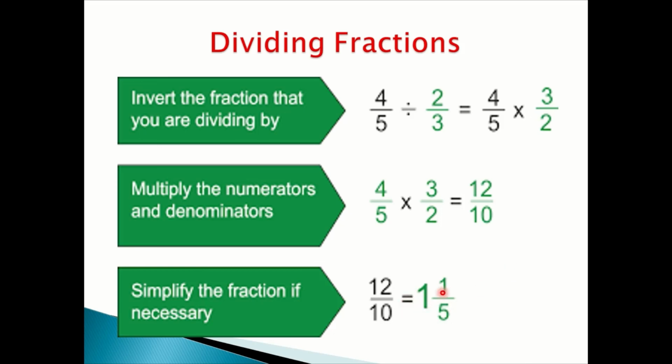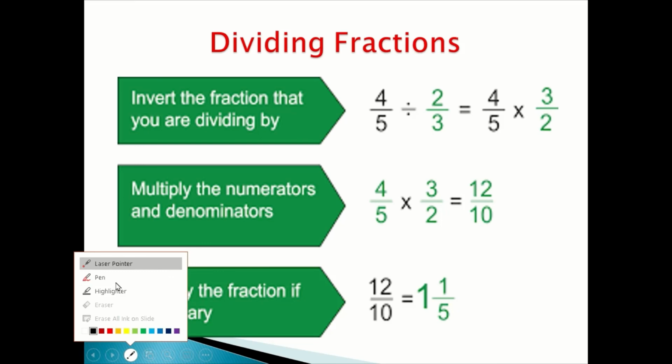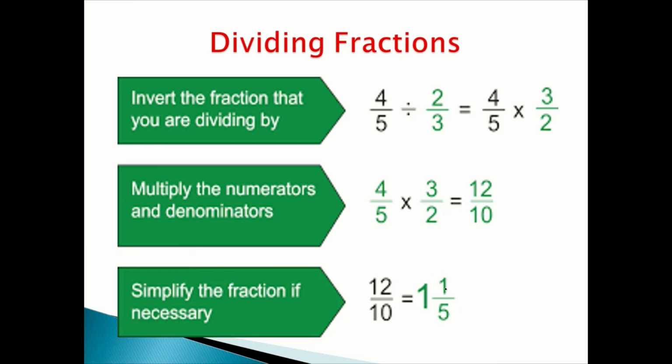Wait, I think there's something wrong with this one. 12 divided by 10 is 1 and 2 over 10, so that's actually correct. 1 and 1/5, because they reduce 2 over 10 to 1/5. So this is the correct answer for that.